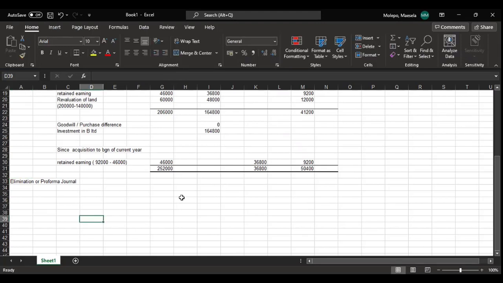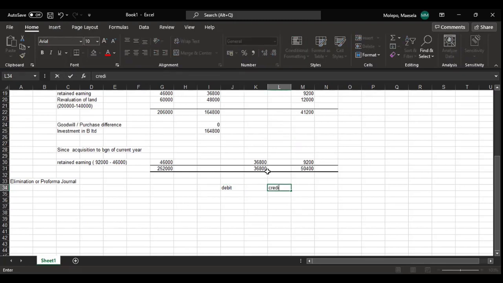Our elimination journal will have the debit and the credit, so we eliminate the things that happened at the beginning when we do the consolidation.